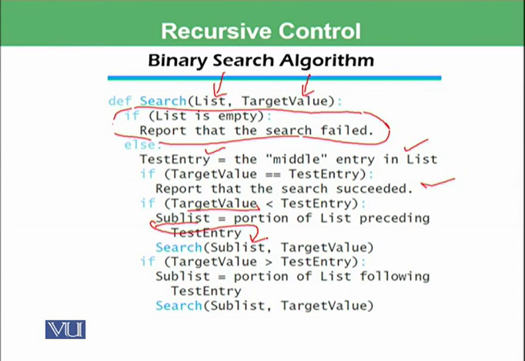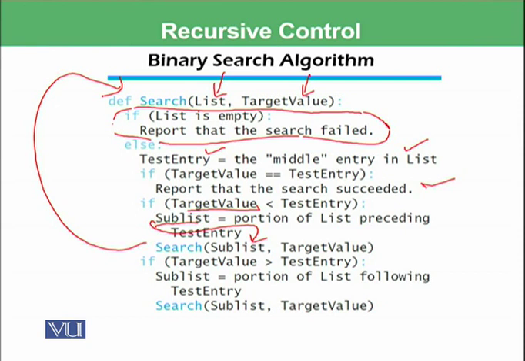So when we say that this is going to be passed to the function again, this means at this point this search function will be executed again, leaving whatever it was doing previously, now with the sublist which has been passed by this function.